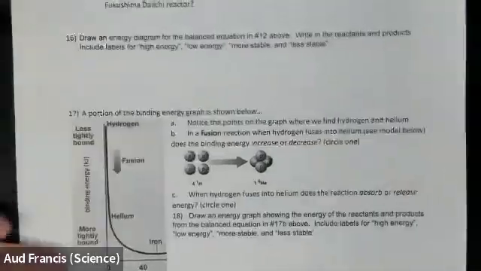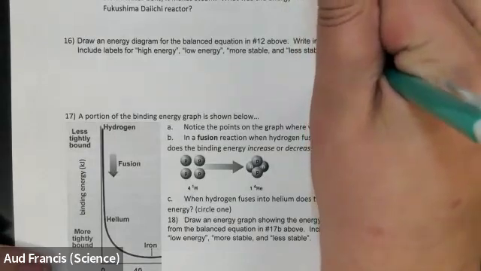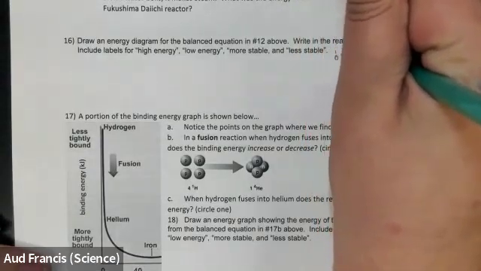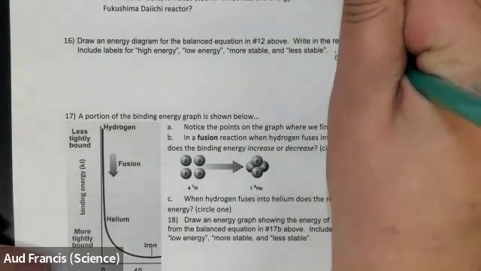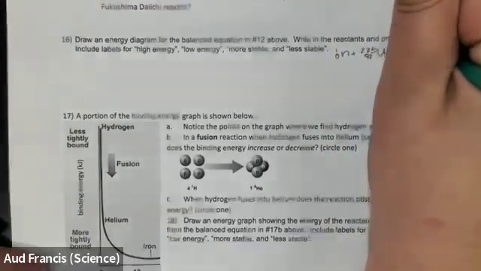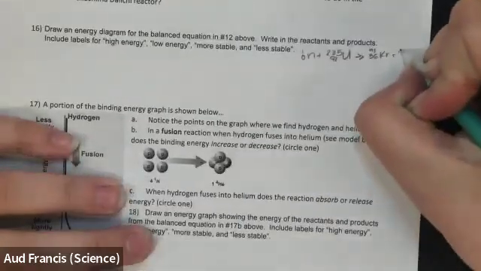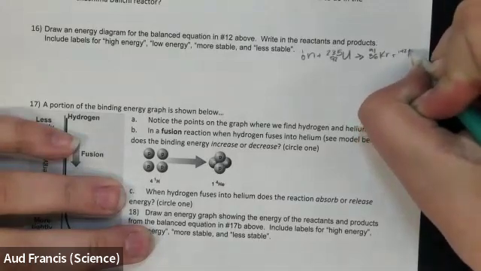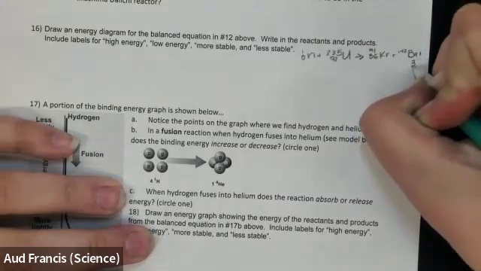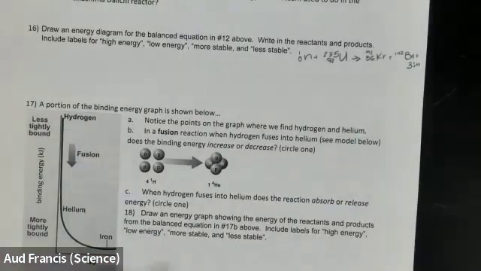So, this energy diagram for the equation in 12 above, that is that same equation that we've been looking at all unit. And you would think that at some point I would get faster at writing it, but it never happens. There's our neutrons. Sorry, they had to kind of sit below.